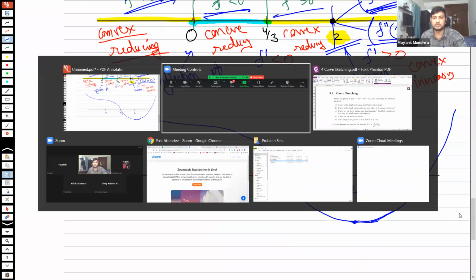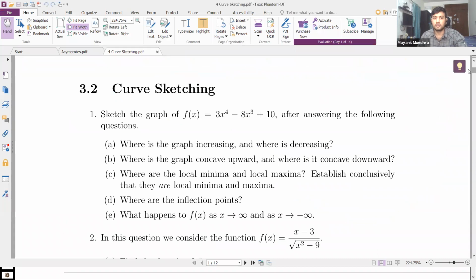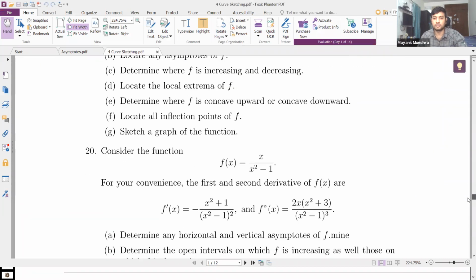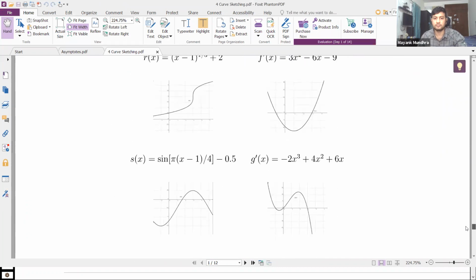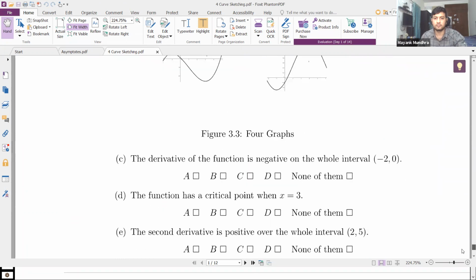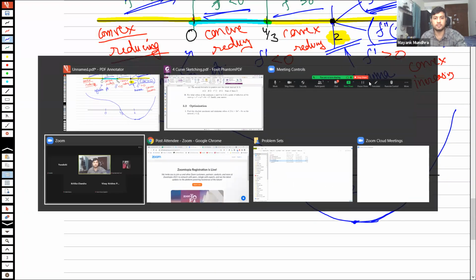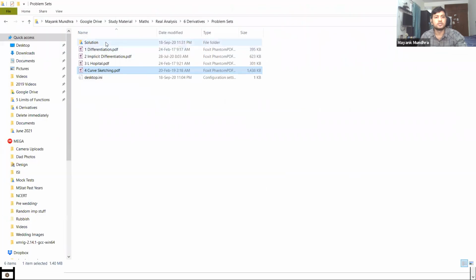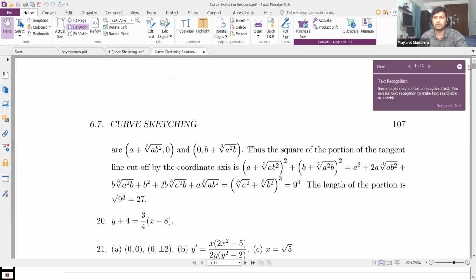Now, when you look at this document on curve sketching, in the end, there are these solutions. No, not in the end. In a separate document, I've added a separate document. So these are the solutions for curve sketching.